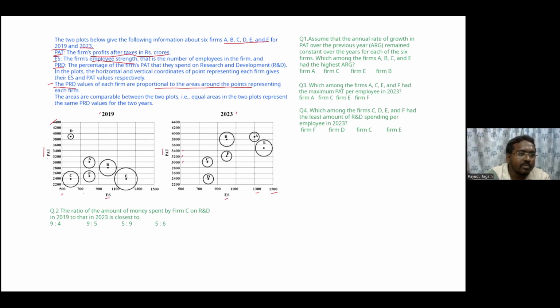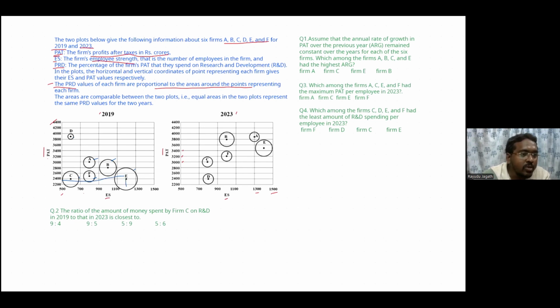Here, one second, blue color. Here this is film A, this is film B, this is film E, this is film F, this is film C, and this is film D in the year 2019. And for example, how do we study this table? For example, E is representing horizontal axis 2400, and vertical it is 1200.